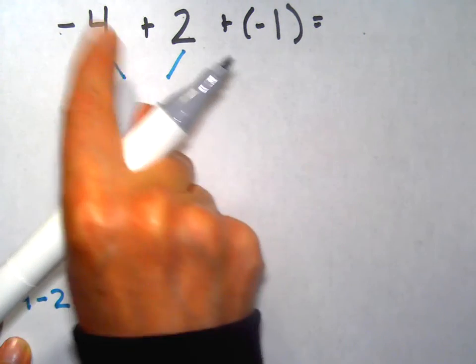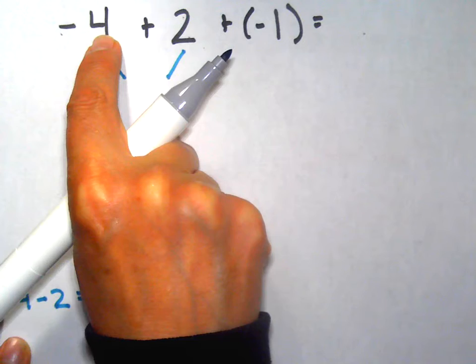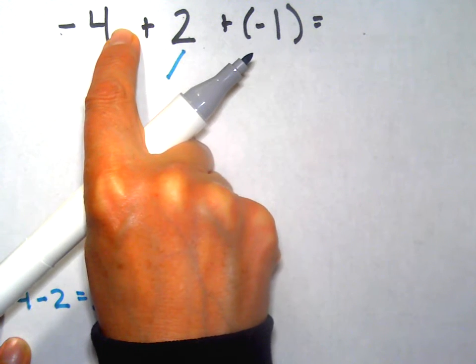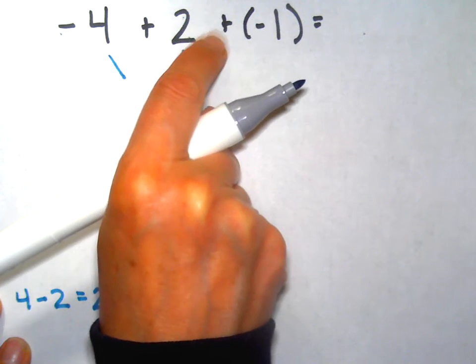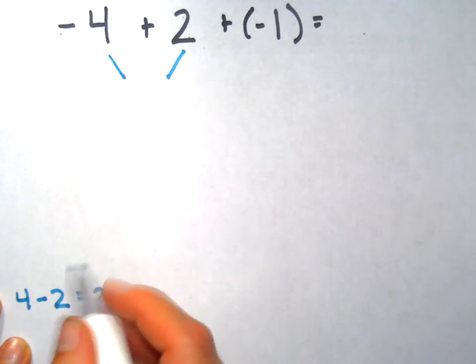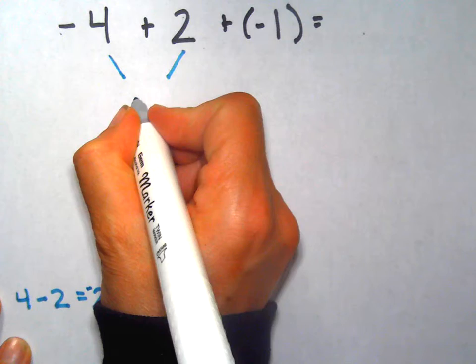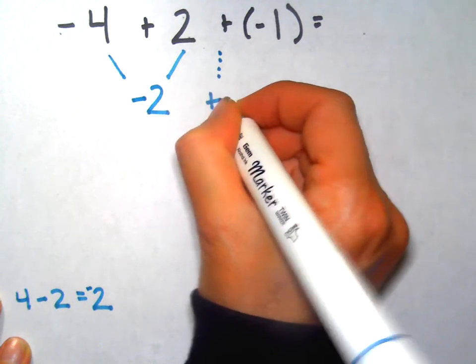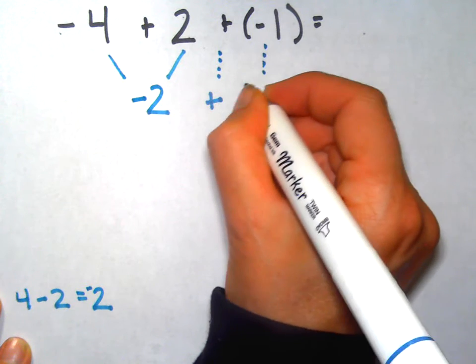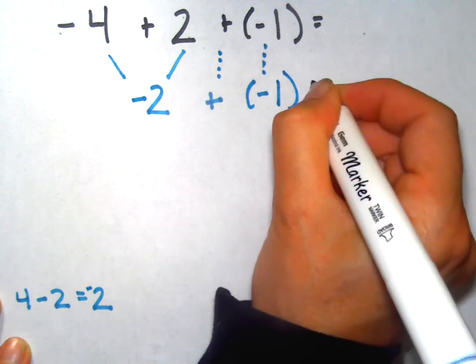And then I look to see which number has the bigger absolute value. Which one is farther from 0? This number is farther from 0 on the number line than this one. So my final answer has to be negative. Drop down the plus, drop down the -1.